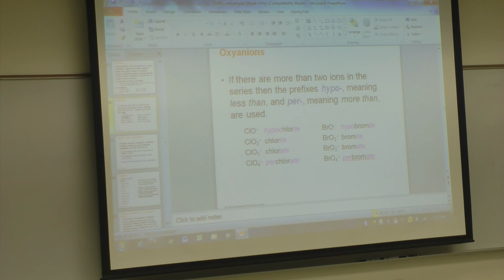So the smaller number of oxygens goes to -ite. And if there are 2 or more, then we use prefixes, so ClO- is hypochlorite, then chlorite, or chlorate.